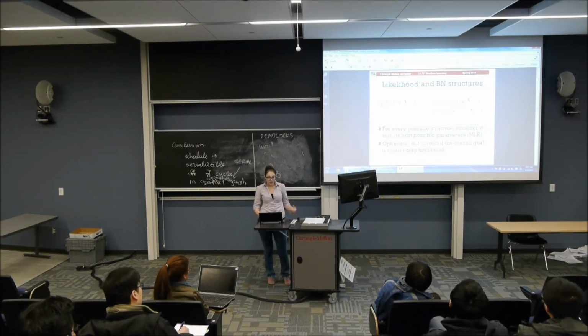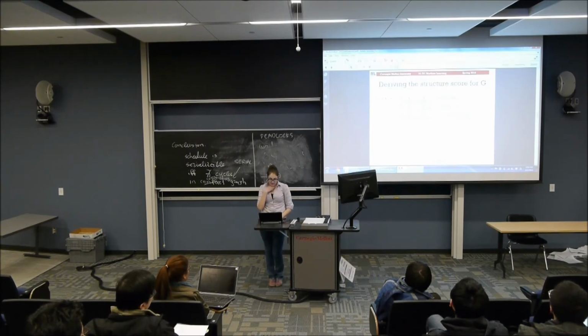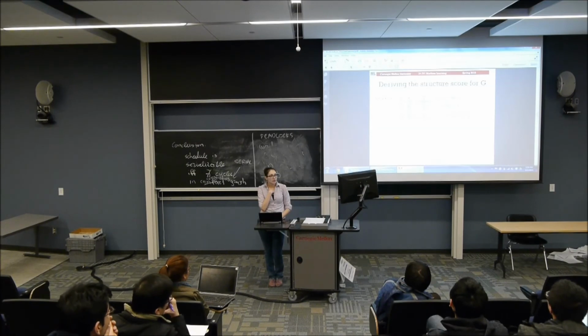As I said, this is optimistic, but it's still correct if we just want to maximize the likelihood of the data. So let's see how we'll derive the structure score. Do you guys have questions before we start going through the derivation?